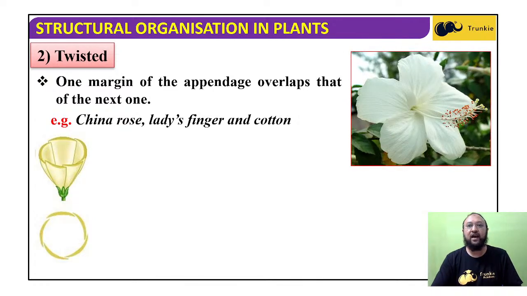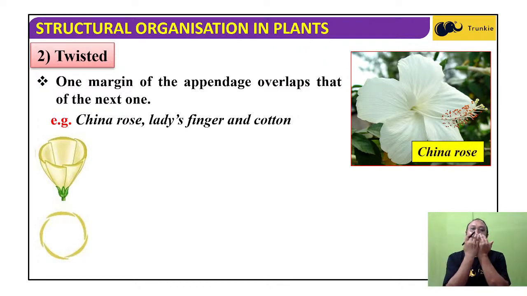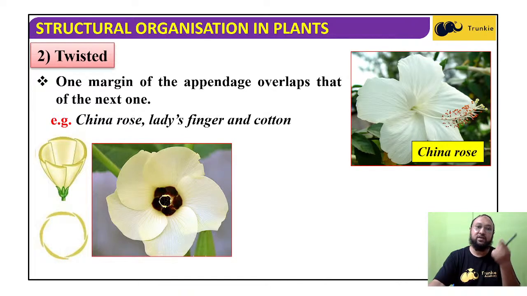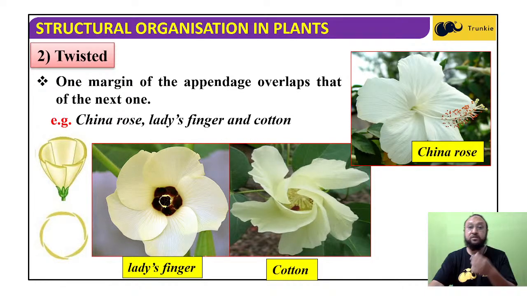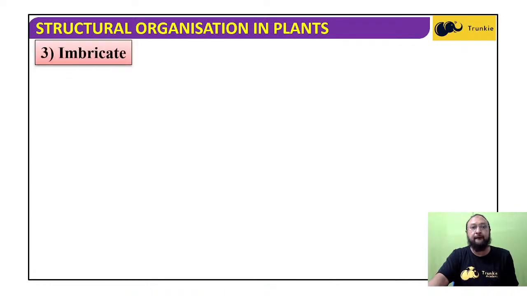So this kind of arrangement of these appendages, sepals and petals, is called twisted estivation. The earlier was valvate and now it is twisted.